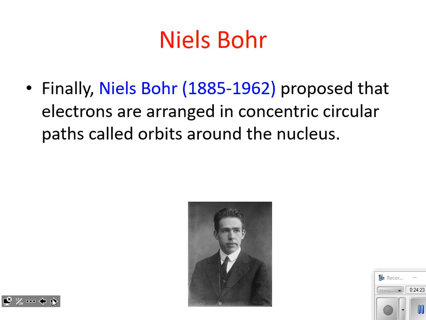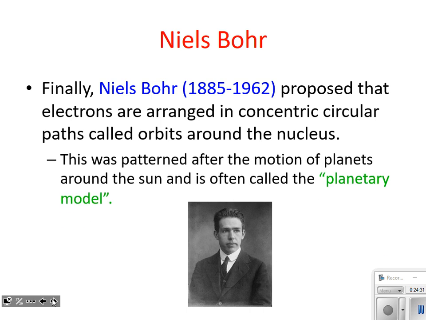Things following circular orbits around something else. The planets, right? Well, he called that his planetary model, because he said that these electrons orbit the nucleus much like our planets are orbiting around the sun. So Niels Bohr came up with the planetary model of the atom.